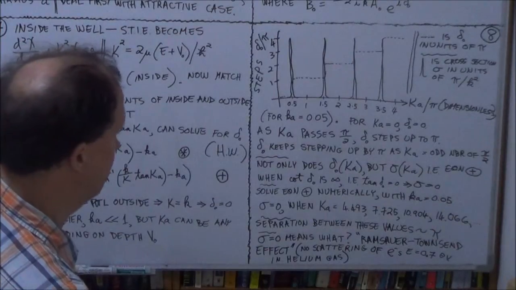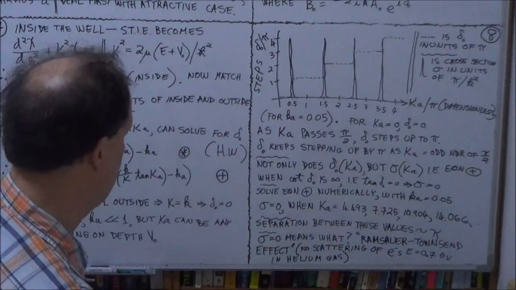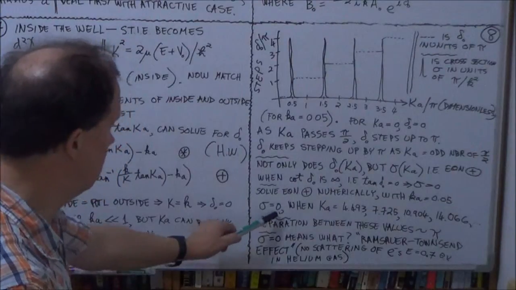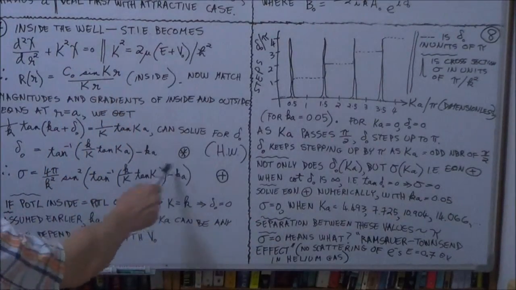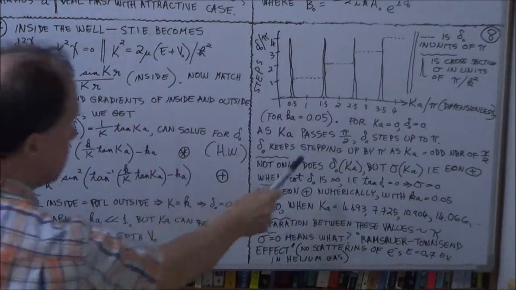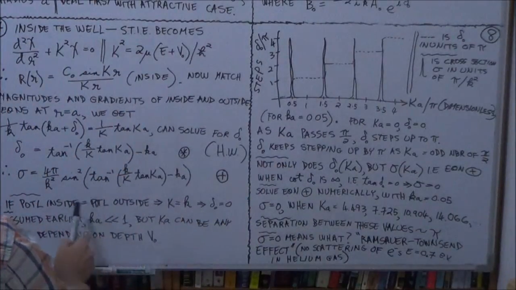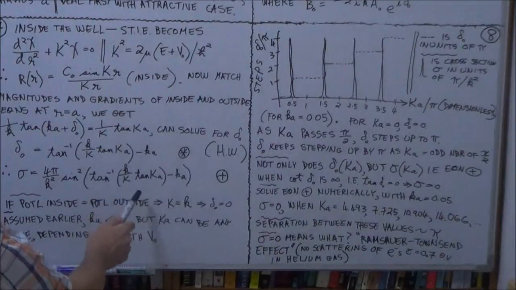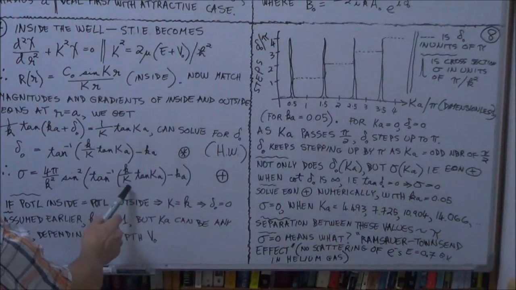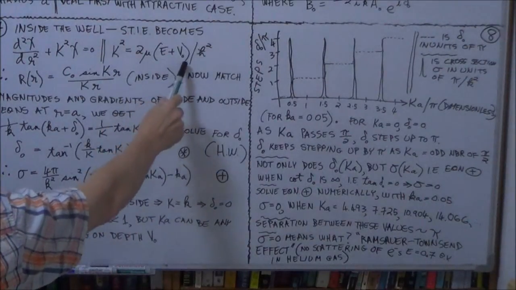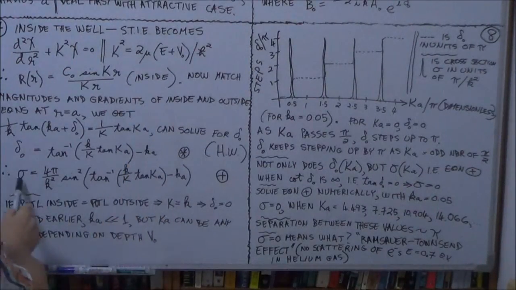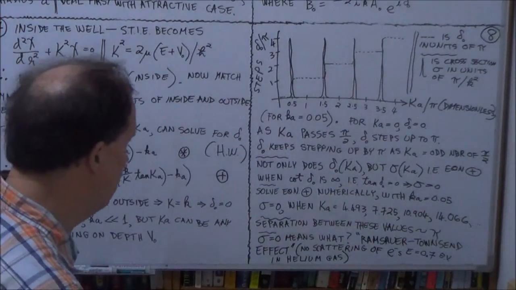For what values of Ka do you get the total cross section, little sigma, equaling 0? So that's this equation. For what values of big Ka here, given little Ka is this value, do you get sigma equaling 0?